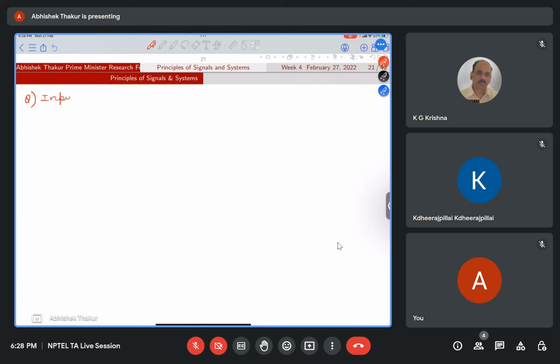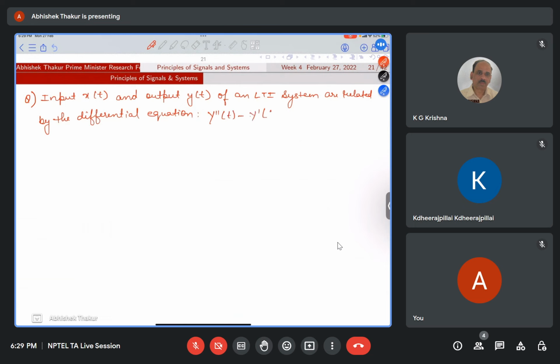Input x(t) and output y(t) of an LTI system are related by the differential equation y double dash t minus y dash t minus 6y(t) is equal to x(t).